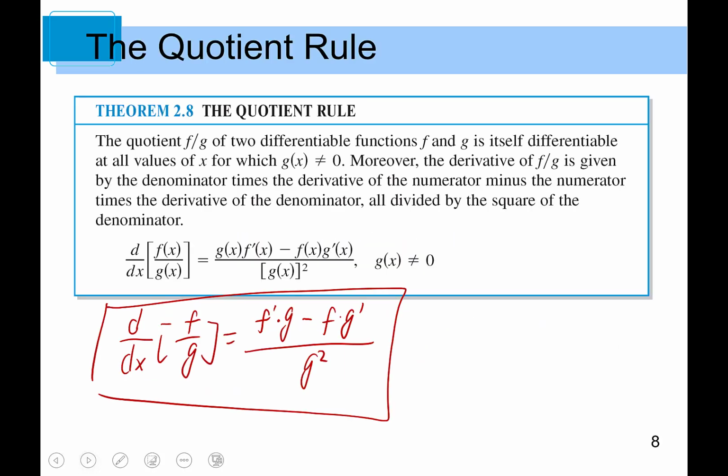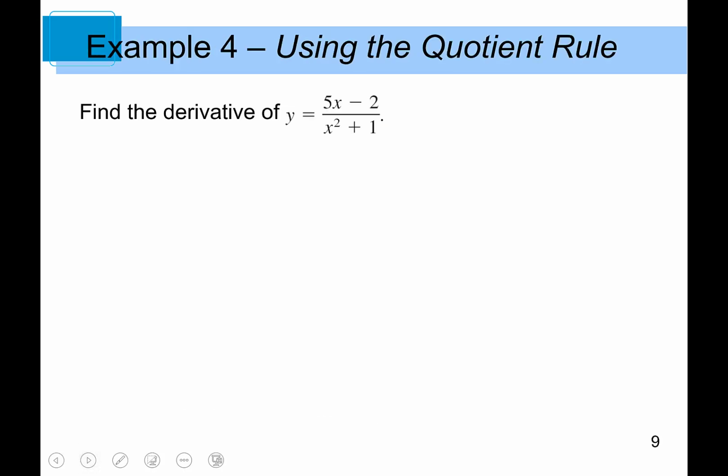So let's use this to solve one of the problems using the quotient rule. As you can see, the power rule is everywhere, so make sure you can apply the power rule properly, because it's very, very important. Here we assume this is f, and that's going to be g.